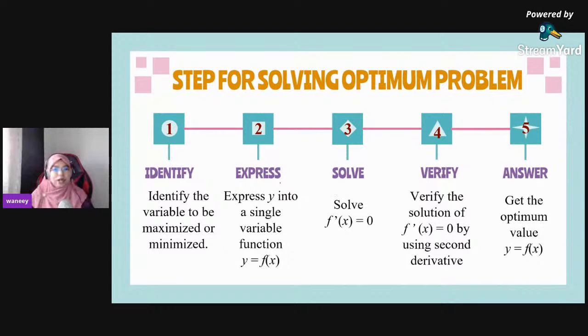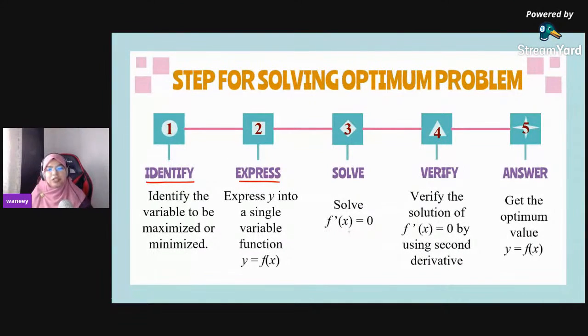Okay, so I repeat again. For the first step, you need to identify what the variable is that you need to use. Then make sure to take out all the formulas. Once you can write them down as y equal to f(x) or V equal to something, make sure to differentiate those functions.